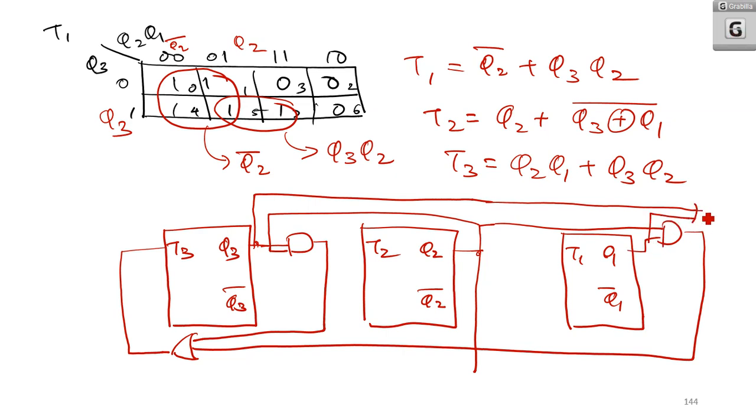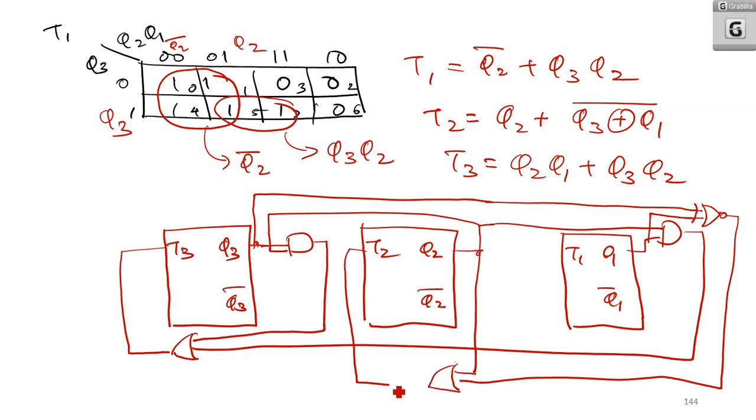This is Q3, XNOR with the Q1, right? Okay. These two things are ORed and given to T2. Okay.